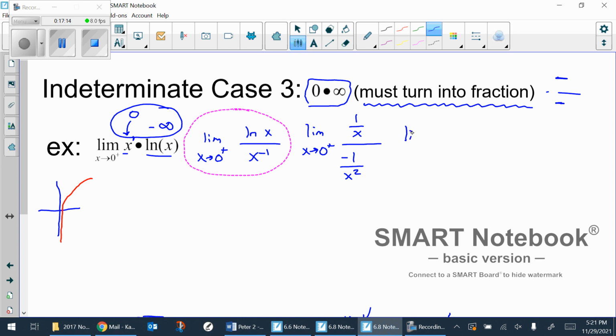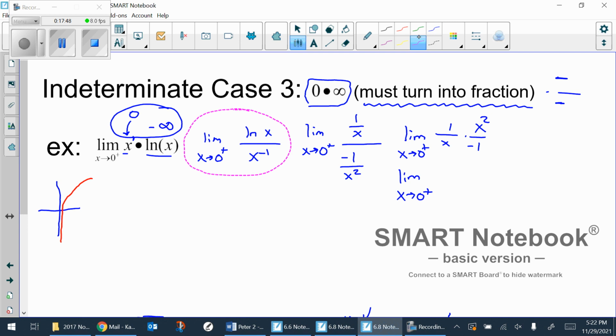I'm going to instead, dividing, multiply by the reciprocal. So I've got 1 over x times x squared over negative 1. And when I resolve this, I'll be taking the limit as x approaches 0 from the positive side.